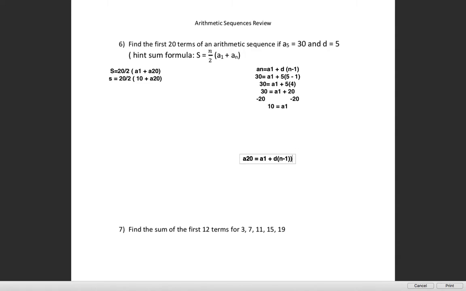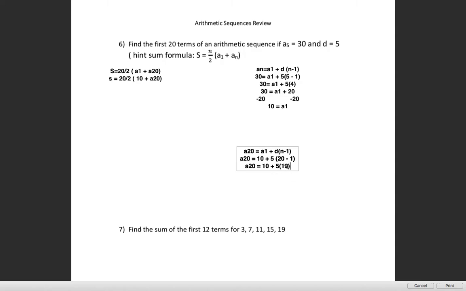BEDMAS tells us to do the brackets first. 20 minus 1 is 19.